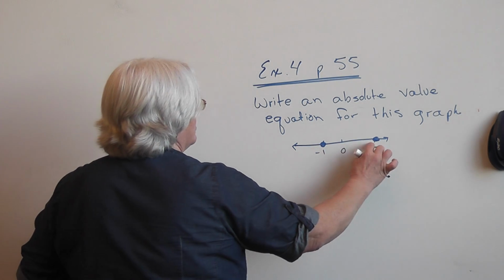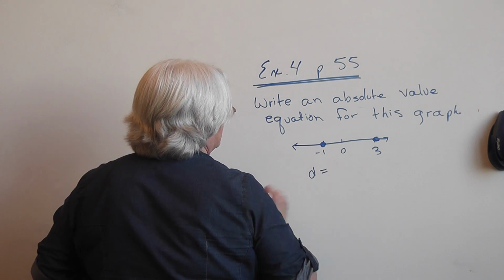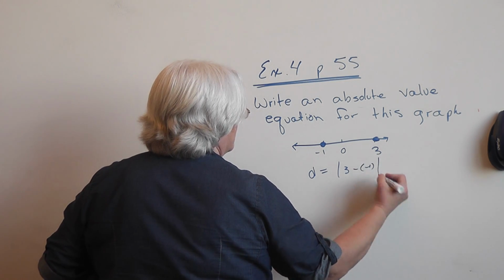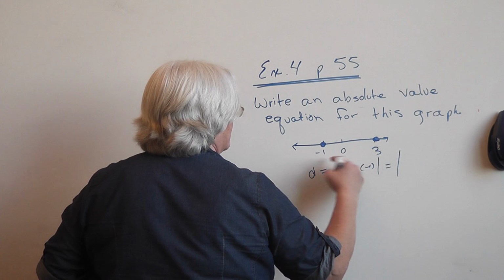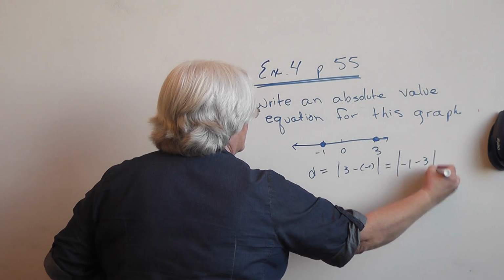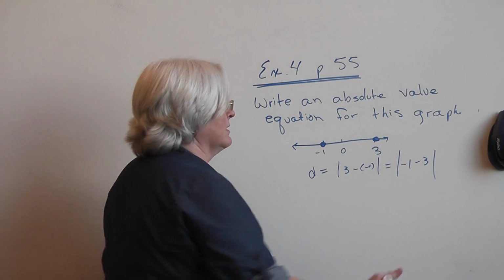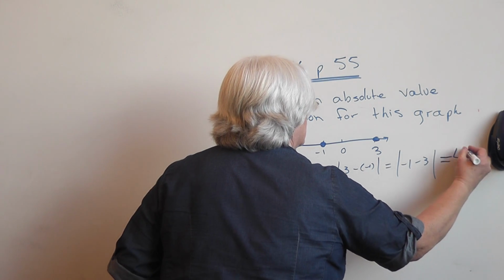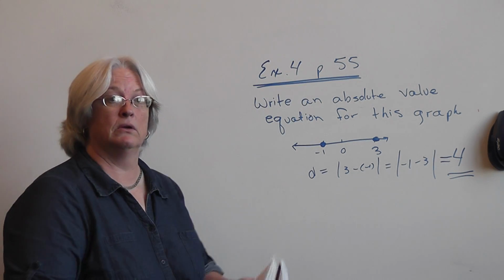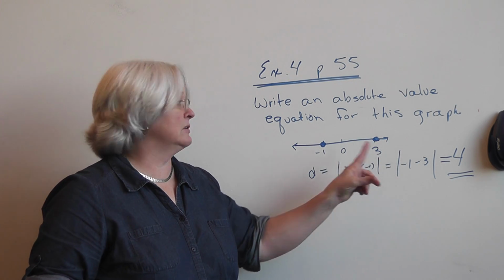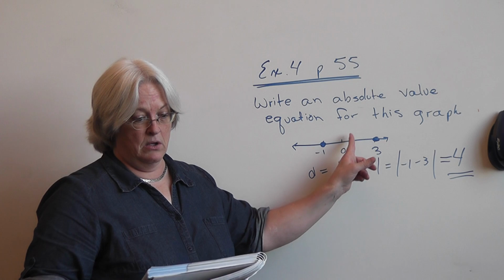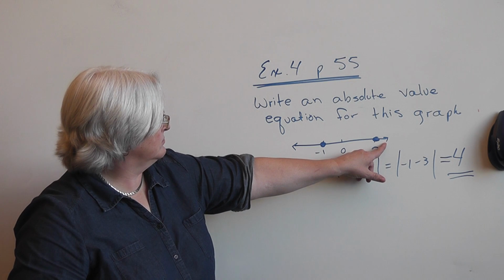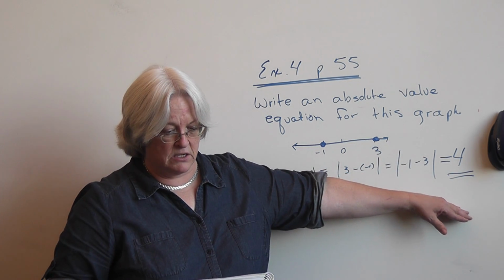The distance between the 2 points on the number line, distance is the absolute value of 3 minus -1, or the absolute value of -1 minus 3. 3 minus -1 is 4. -1 minus 3 is -4. The distance between these 2 points is 4. And you can see that clearly. -1 to 0 is 1. 1 to 3 is 4. This is our distance.